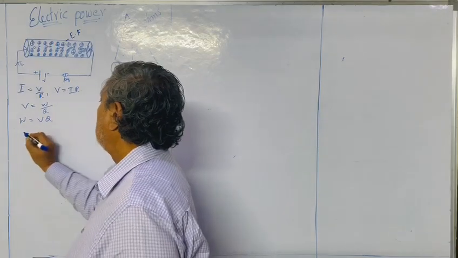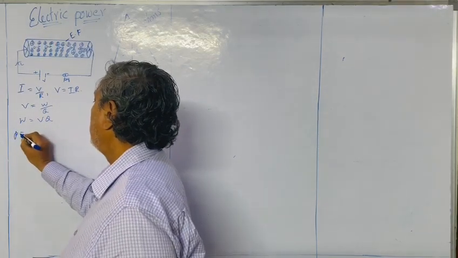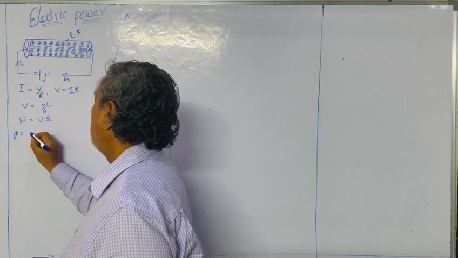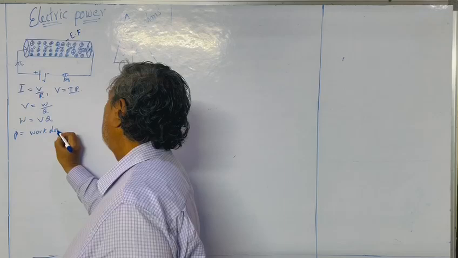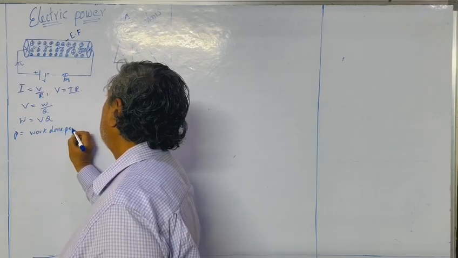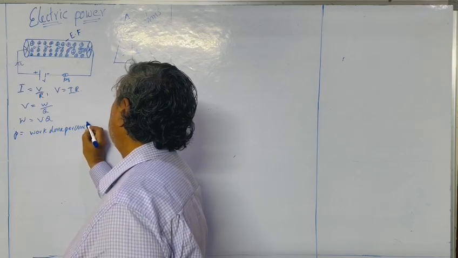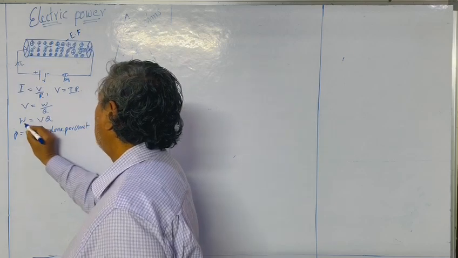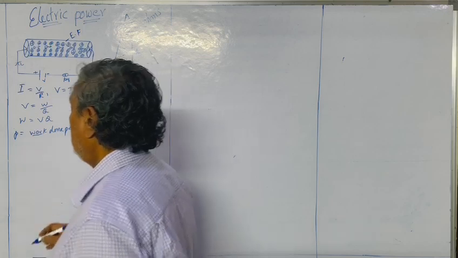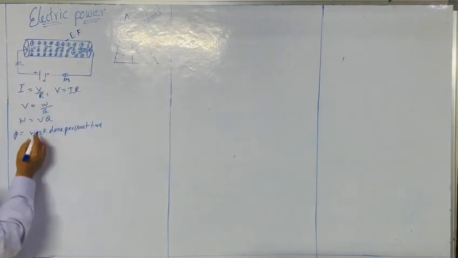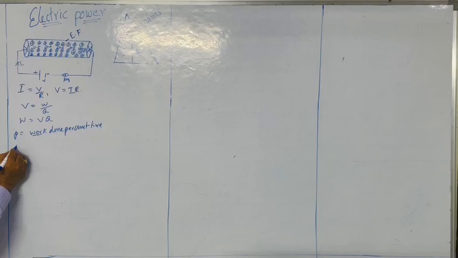Power is equal to work done per unit time. Power is equal to W by T.